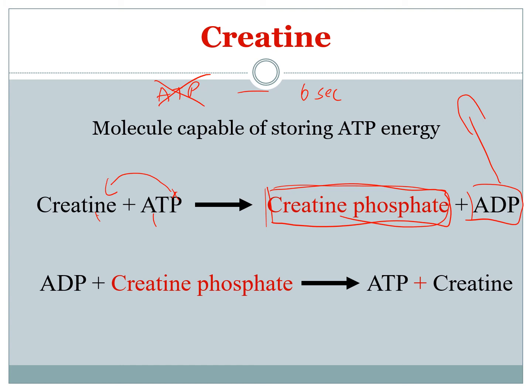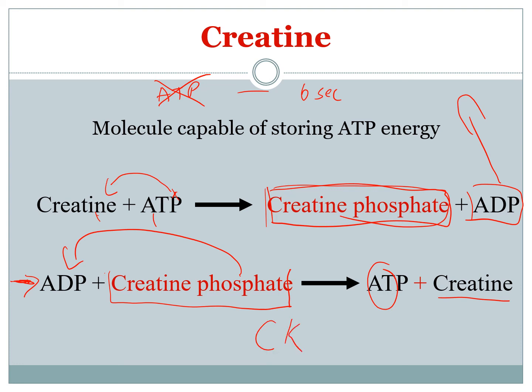Now when the body depletes itself of ATP, it calls upon creatine phosphate to dump one of its phosphate molecules and give it to ADP, therefore reversing the effects and becoming ATP and a creatine molecule. What assists in this whole process is an enzyme called creatine phosphokinase. We all know that one because we test it in blood, creatine kinase.